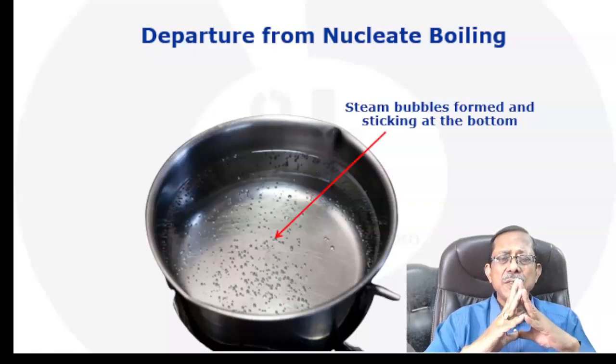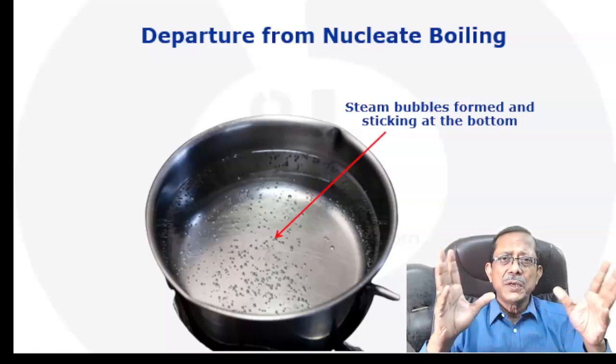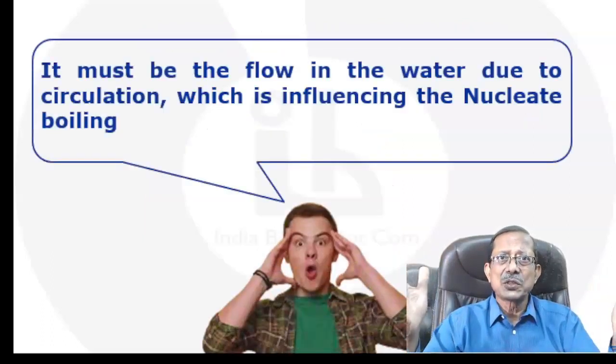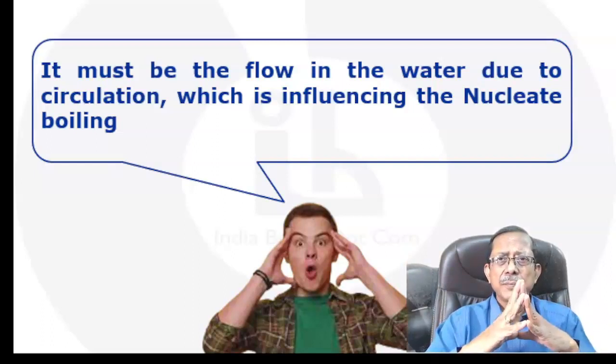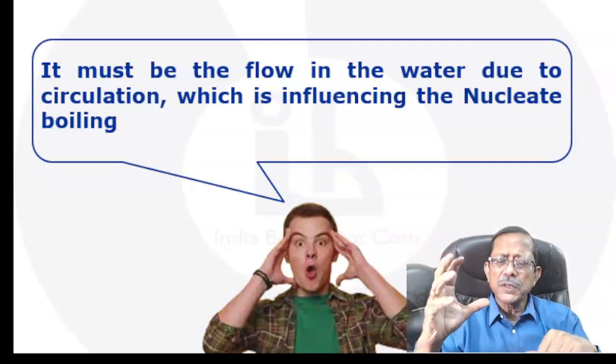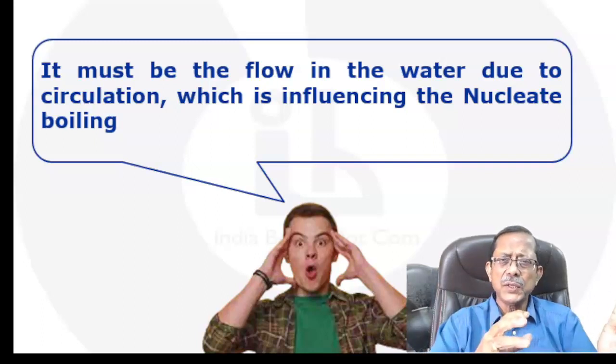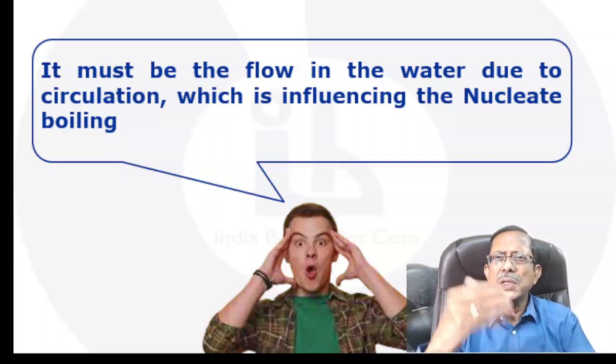Now the question is, that means even the density difference of 1600 times is not creating any change. Whatever the surface tension the steam bubbles have with the metal body of the pan, the buoyancy is not enough to overcome it.